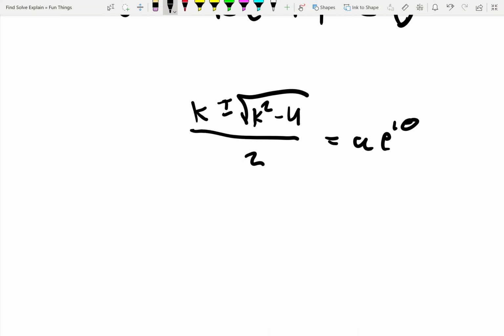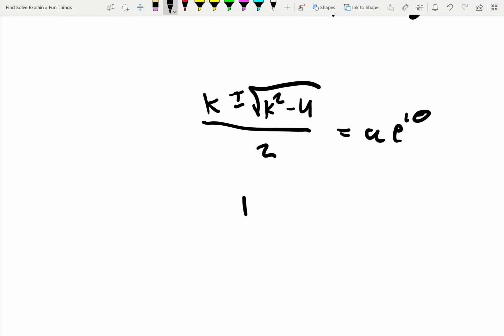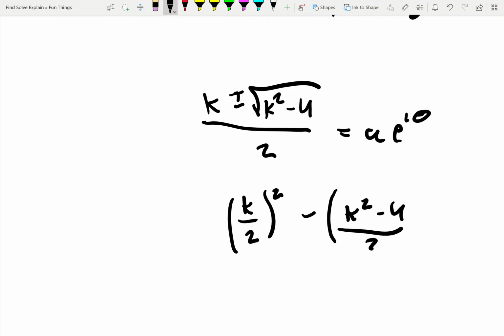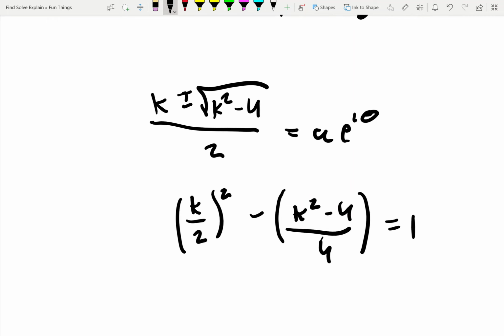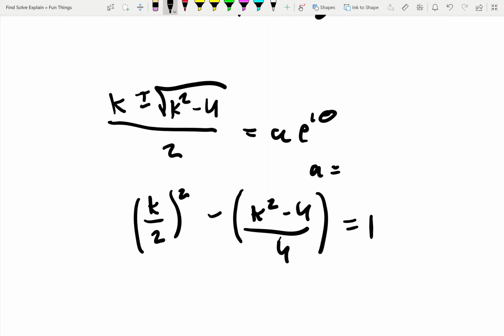In this case, a is relatively easy to determine, as (k over 2) squared minus, as it's negative, the square root, minus (k squared minus 4) over 2, over 4, so we're squaring it, is just equal to 1. So a therefore has to be equal to 1, as that's the modulus of the function.